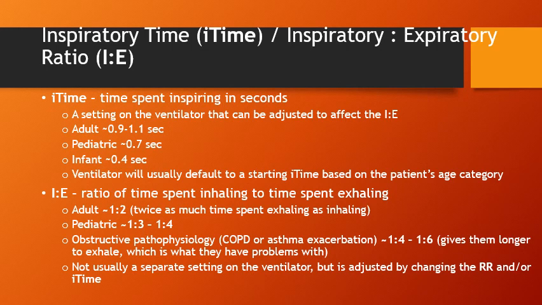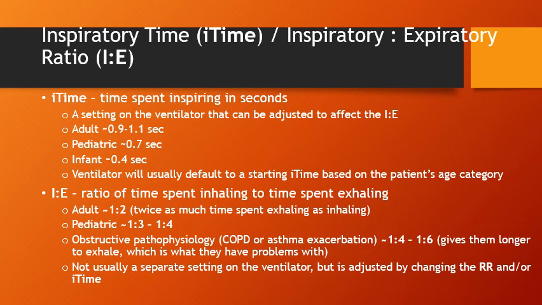Their obstructive pathophysiology, there's some reason that they have obstruction to airflow. And so their biggest problem is getting air out, exhaling that breath. And so if we increase the amount of time that they have to exhale, then that helps them. Giving them longer to exhale helps them because they have problems with it.